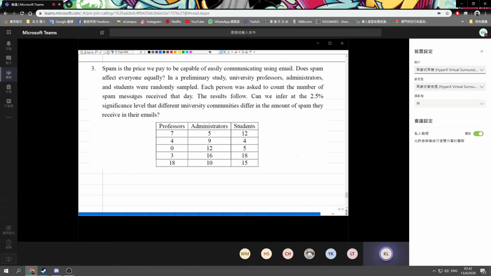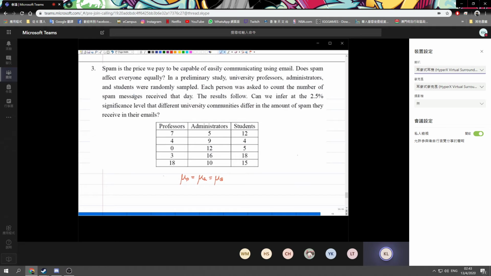So we want to see whether the amount of spam they receive on average is the same. So what that means is we want to know whether the average spam received by professors, mu p, is the same as that received by administrators, mu a, and the same as that received by students.